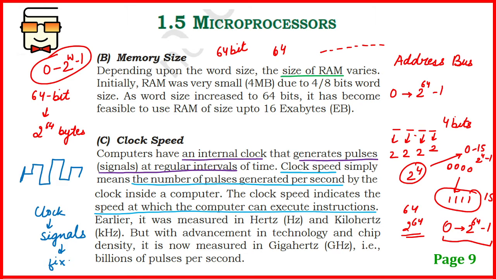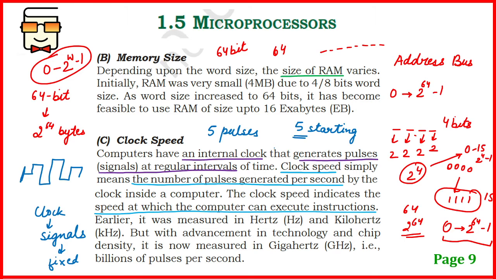Okay, so if in 1 second 5 pulses or 5 signals are getting generated, then there are 5 starting points. For each clock pulse there will be 1 starting point. And at the beginning of each clock pulse, the computer can begin the execution of an instruction.